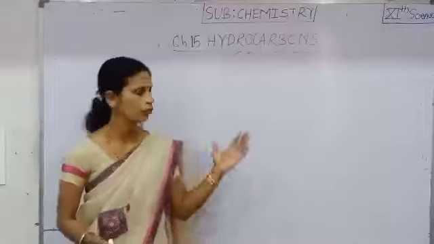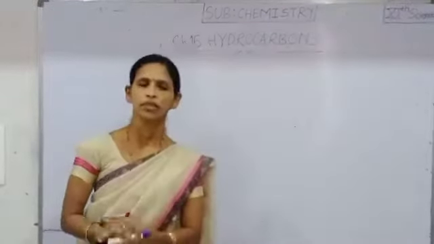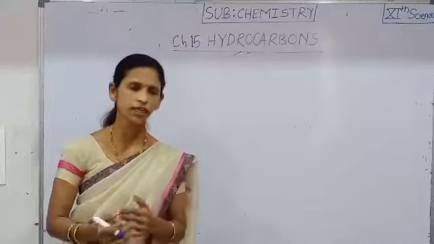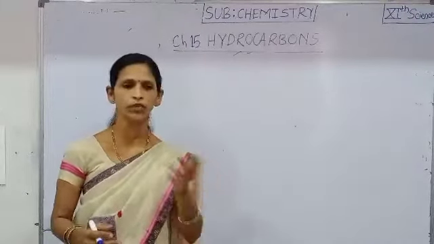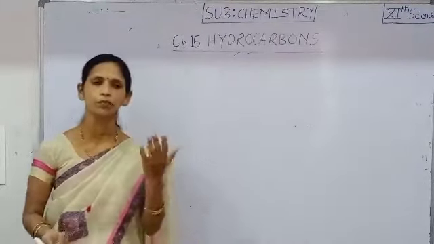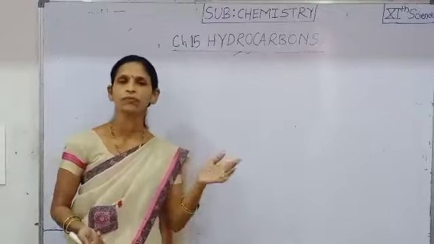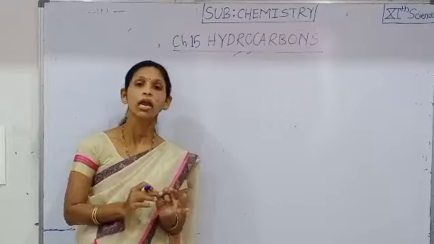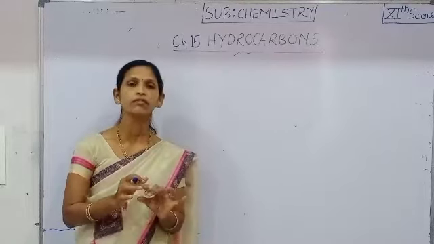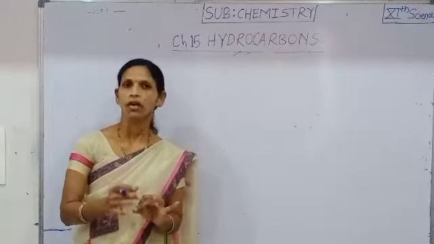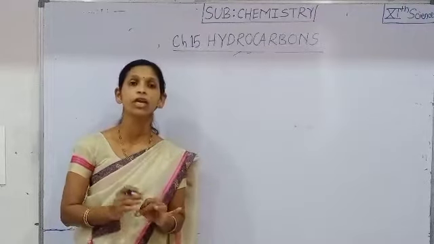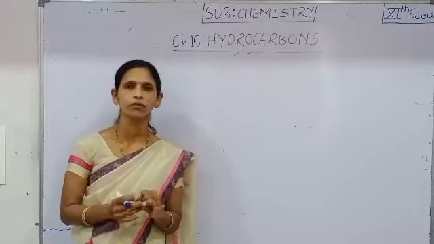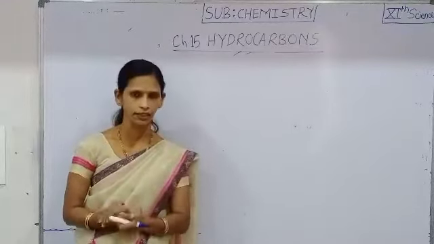Those are a few preparation methods of alkanes which we have studied in this lecture as well as in the previous lecture. That means we can prepare alkanes from unsaturated hydrocarbons, that is from alkenes and alkynes, as well as by reduction of alkyl halides, as well as from Grignard's reagent.